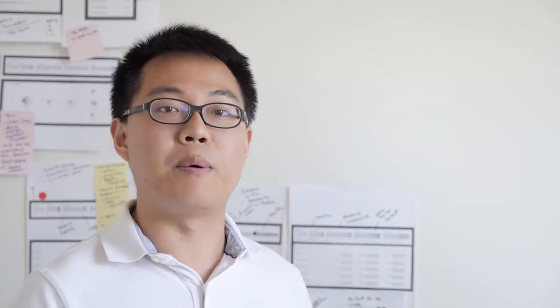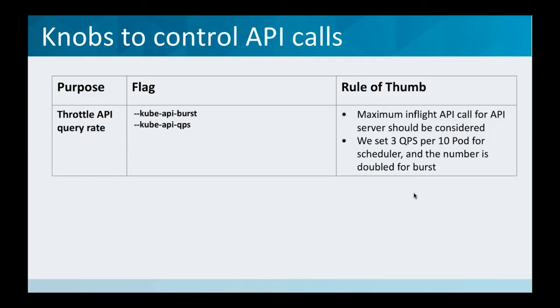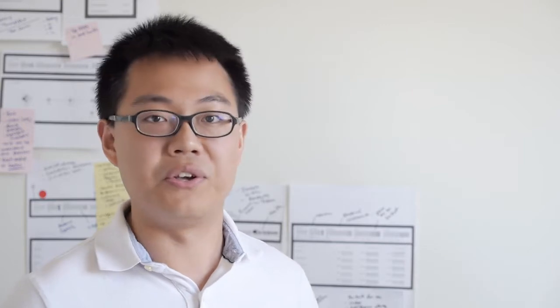The default values are generally good for us, except we tune the number for the scheduler, because if it is a busy cluster, we have a lot of pods to schedule. It is fair enough that the scheduler can make more API calls because we want our pods to be scheduled in time. So the rule of thumb is 3 QPS, which is queries per second, per 10 pods for the scheduler, and the number is doubled for the burst value. And again, this is heuristics for our workload, and you can start from there, but you can tune according to the workload you are using.